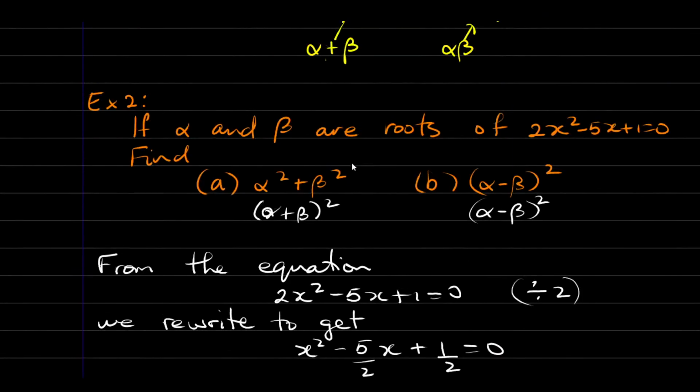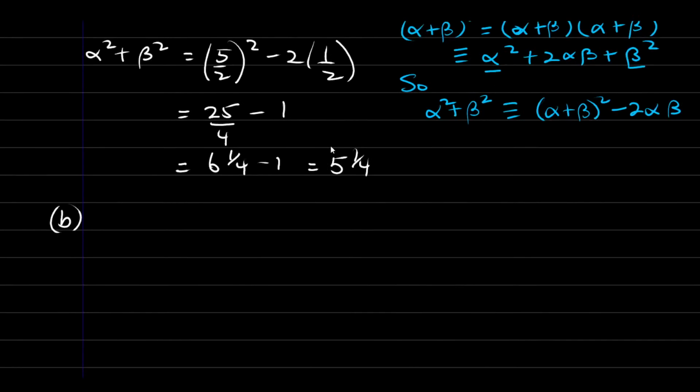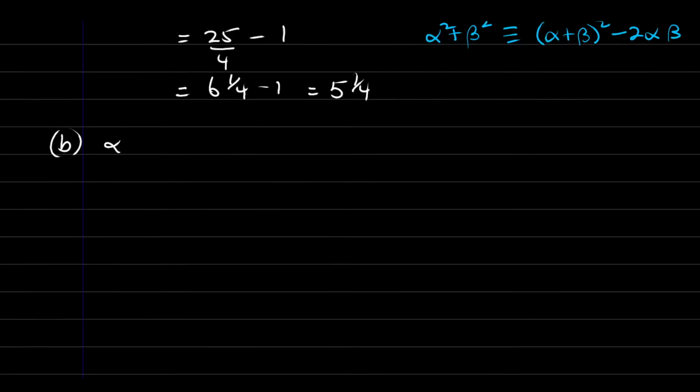B in this case was alpha minus beta squared. Okay, let's expand out that alpha minus beta squared. I'll just write it out here, right?